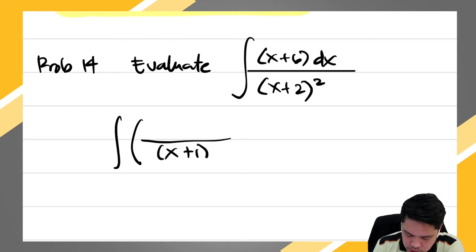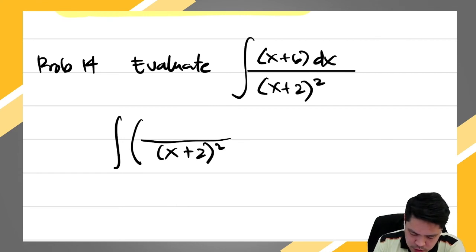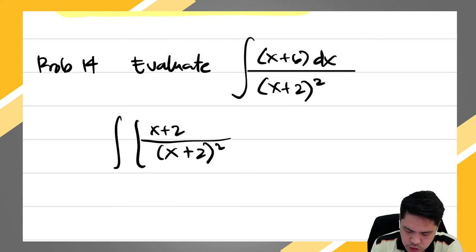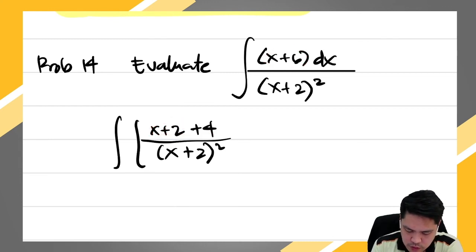The factor x plus 2 appeared in the denominator. So how about if I write that as a numerator? So what number should we add to x plus 2 para maging x plus 6? Of course, we need to add 4. Okay?